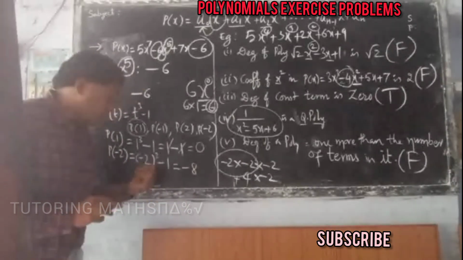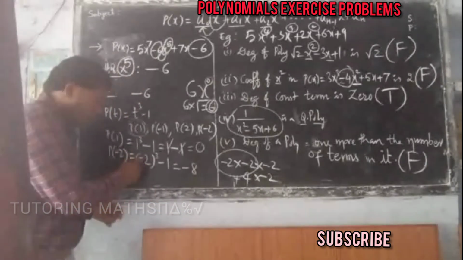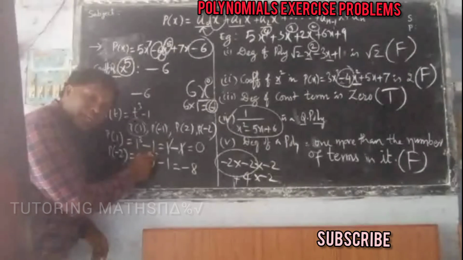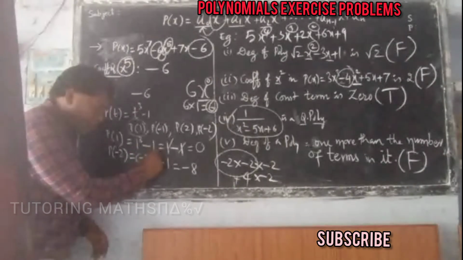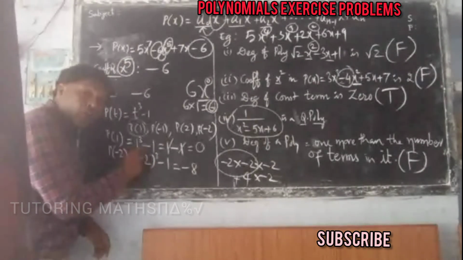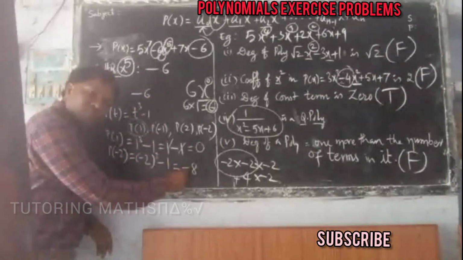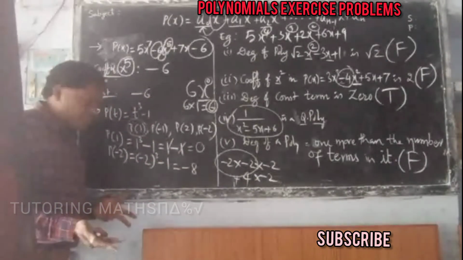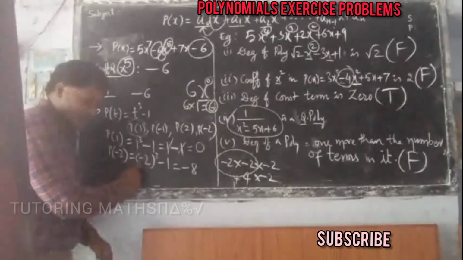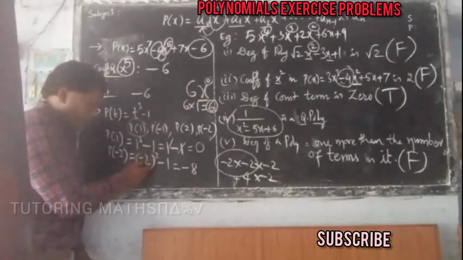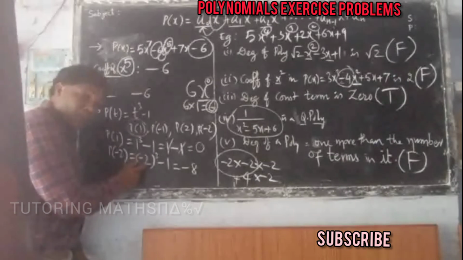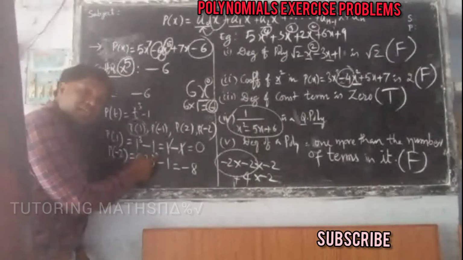And one more property we can discuss. When the exponent of a negative number is odd number, always the result will be minus. Isn't it? Minus 2 whole cube, because base is negative number and its exponent is odd number.